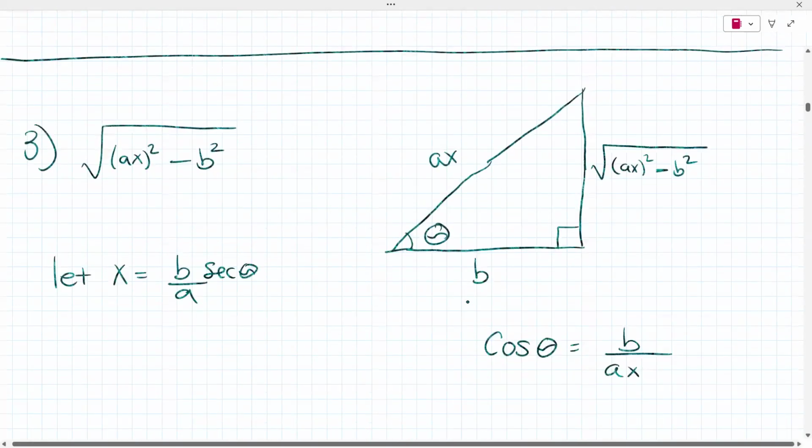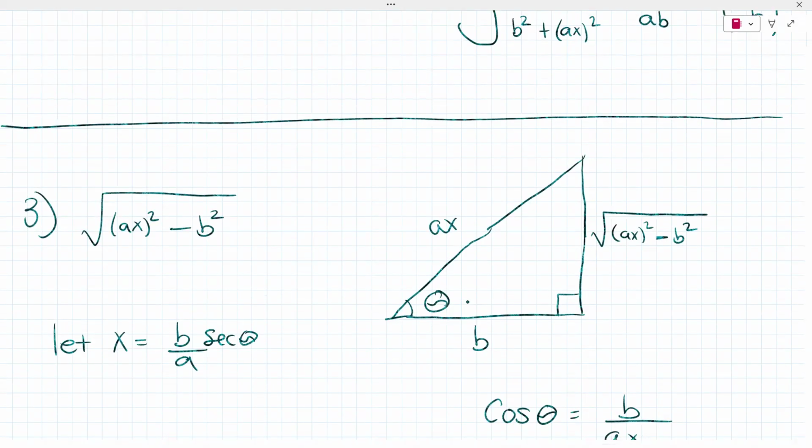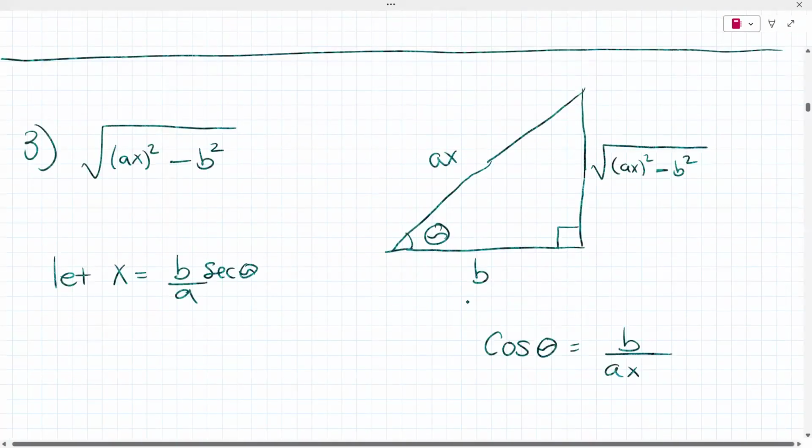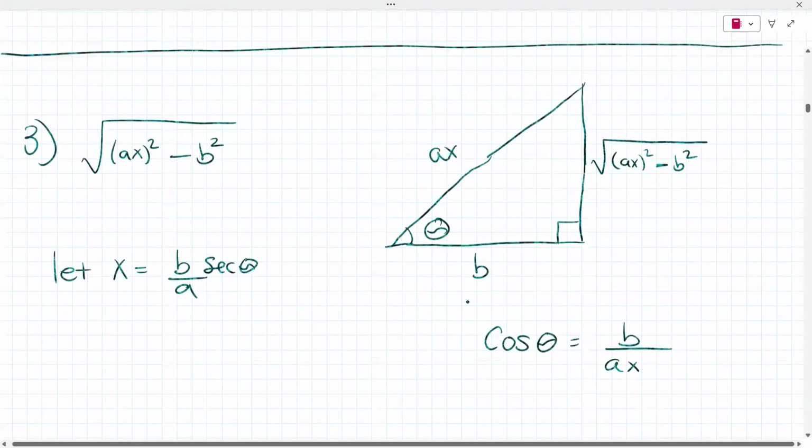And then the third one is if your integral has a square root and then something like a constant times x squared minus a constant squared, b squared, you're going to let x equal b over a times secant theta. And cosine theta is b over ax, and secant theta is ax over b.